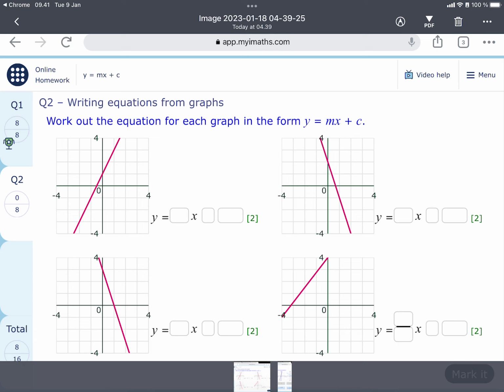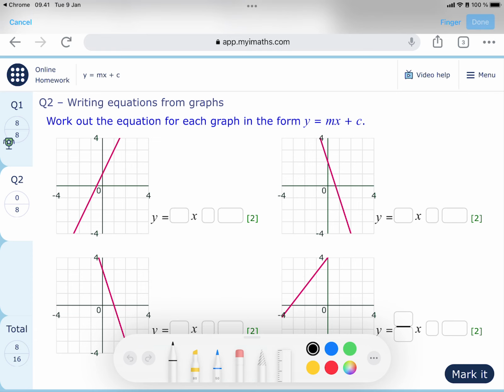So once again, we've got to figure out the equation from the graph. So the first one, it cuts at 1, and then it's got a gradient of 2, because for every 1 across, it's going up by 2. So it's y equals 2x plus 1.